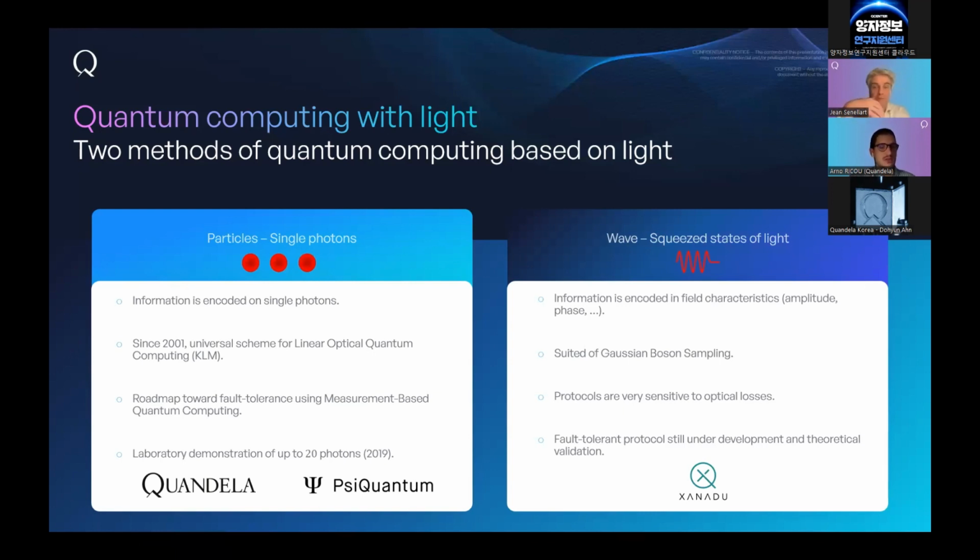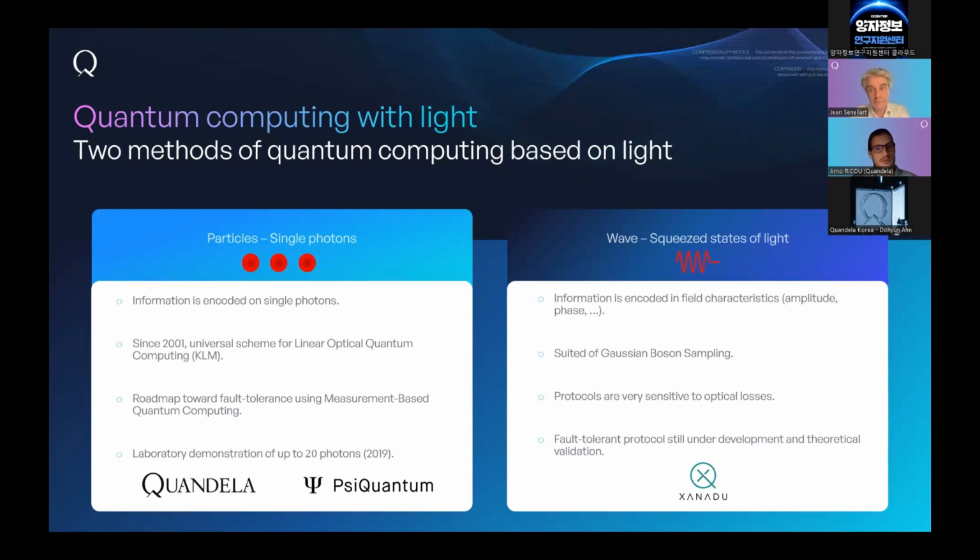We know since 2001 that there's a universal scheme for linear optical quantum computation, meaning that with single-photon linear optical elements, we know how to do a universal set of gates, like Clifford plus a T gate. Also, we have a roadmap towards fault tolerance.